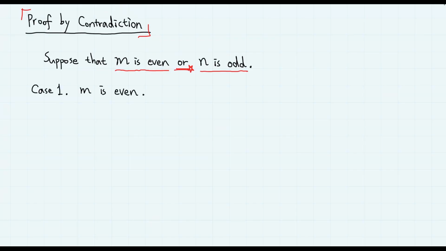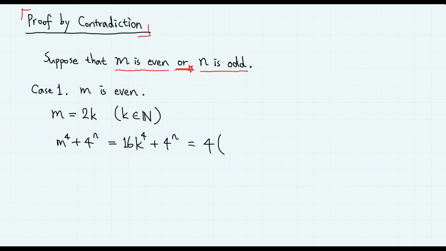First case, m is even. Then we can write m equals 2k for some natural number k. This makes m to the fourth power plus 4 to the nth power equal to 16k to the fourth power plus 4 to the nth power, which can be written as 4 times (4k to the fourth power plus 4 to the power of n minus 1).